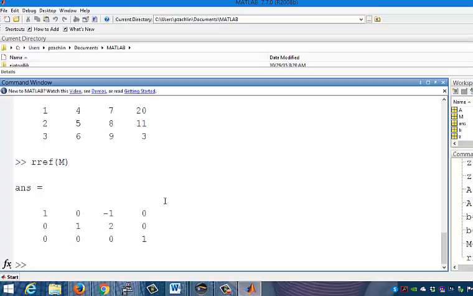Let me go to MATLAB, and let me just throw my favorite matrix back up there.